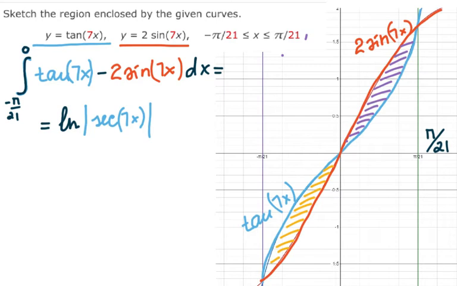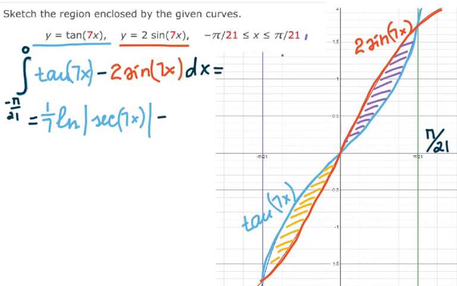And if I take the derivative of this function, the natural logarithm of secant of 7x, I'm supposed to get tangent 7x. And I'm not going to get this unless I have 1 over 7 in front. So if you take the derivative of this function now, you will get the same as tangent 7x.